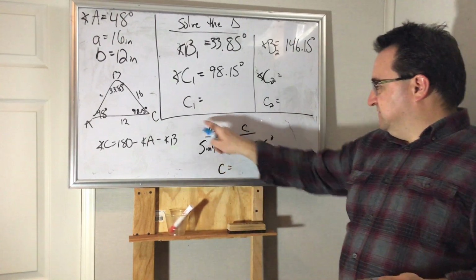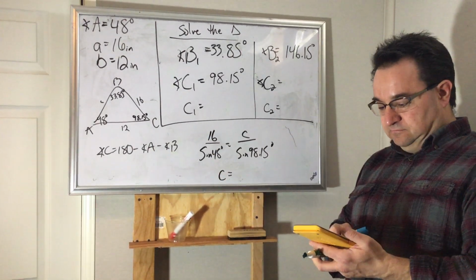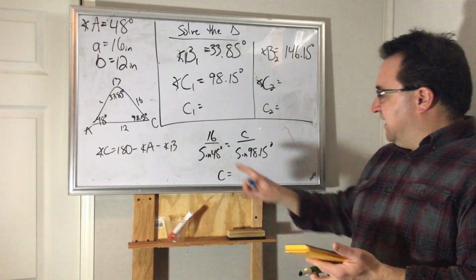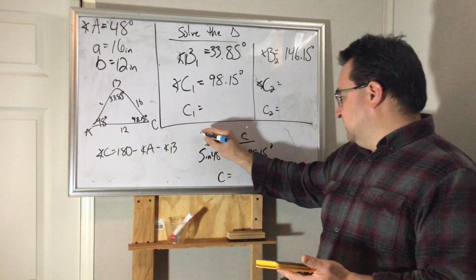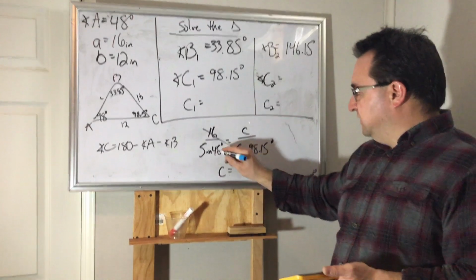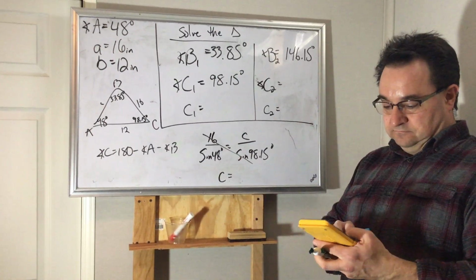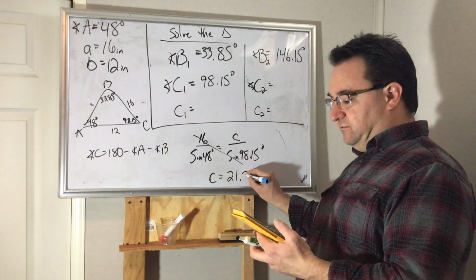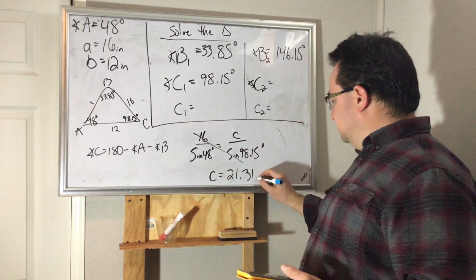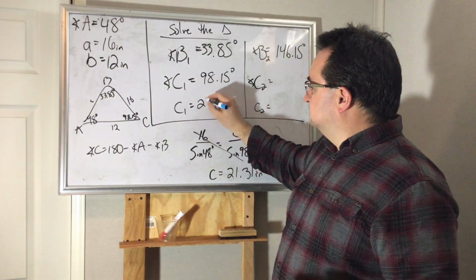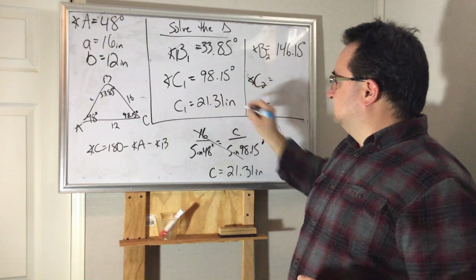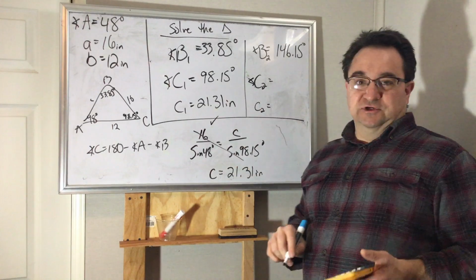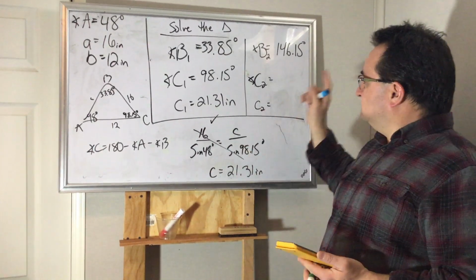So C is going to be 16 times sine of 98.15, divided by sine of 48. And I get 21.31 inches. And it took a while to get there, but I just got solution number 1 complete.